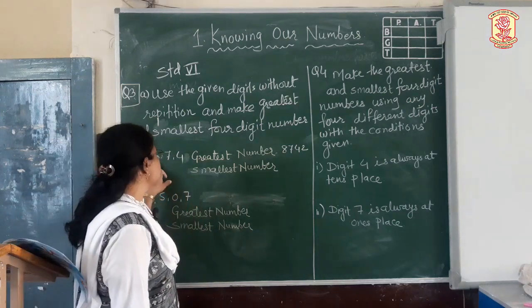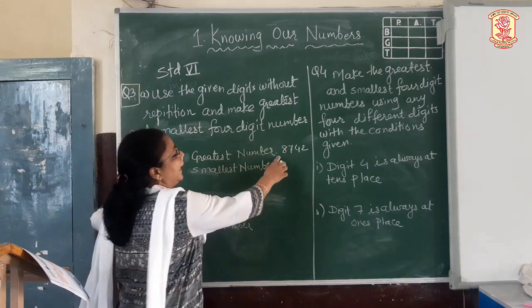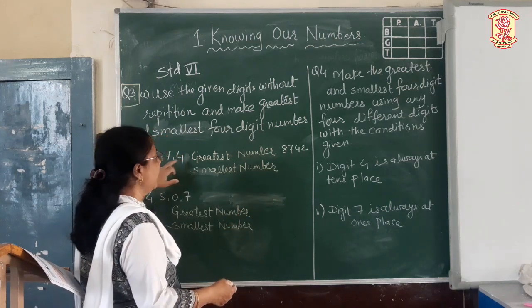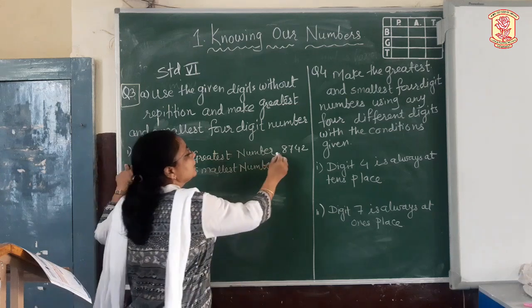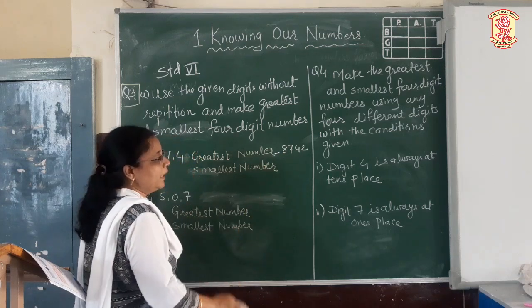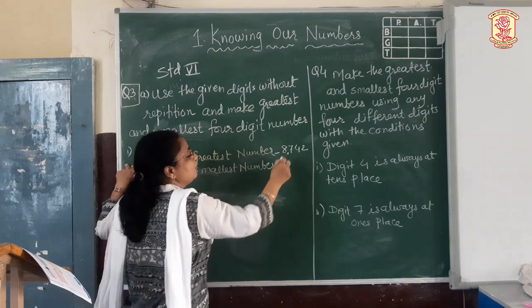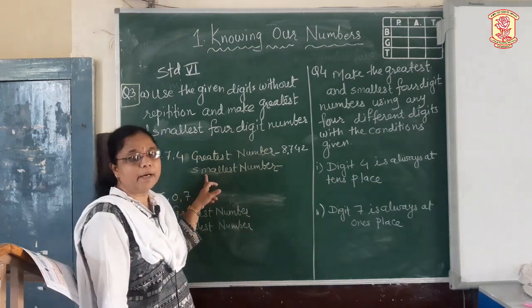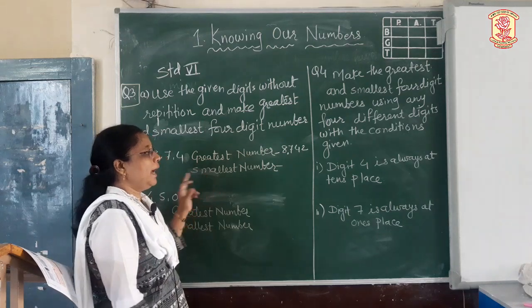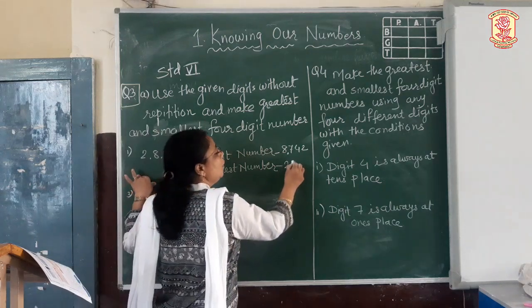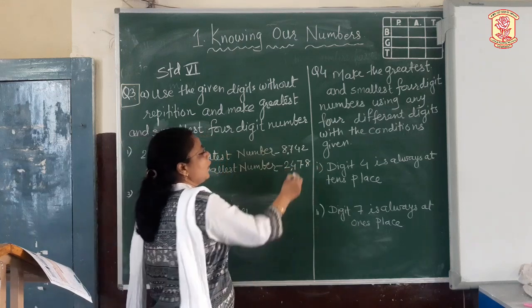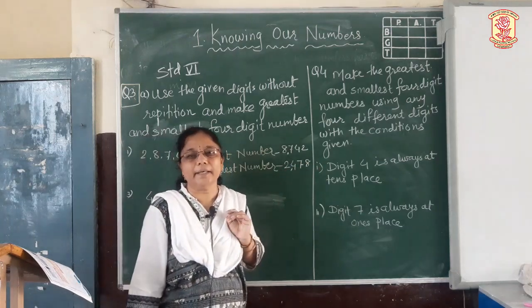Which is the greatest digit here? 8, after that 7, then 4 and then 2. That means the greatest number formed here is 8,742. And to form the smallest number, arrange them in ascending order: 2, 4, 7, 8, means 2,478.